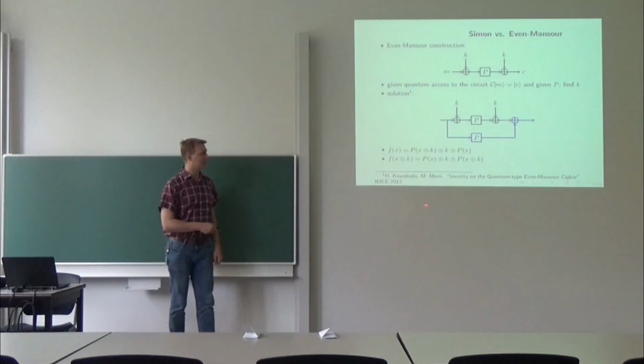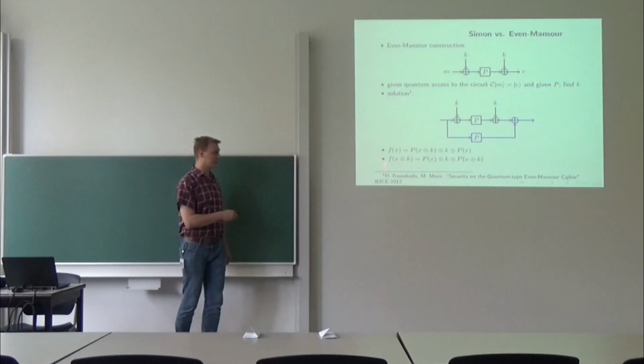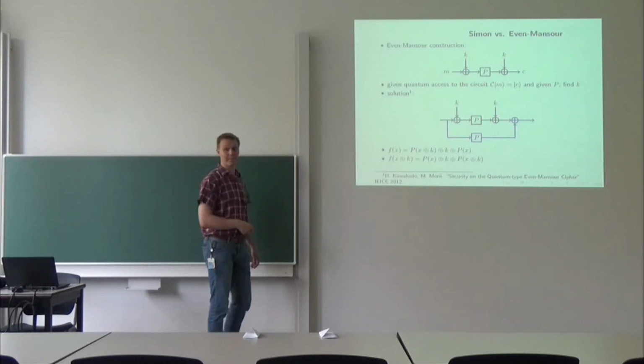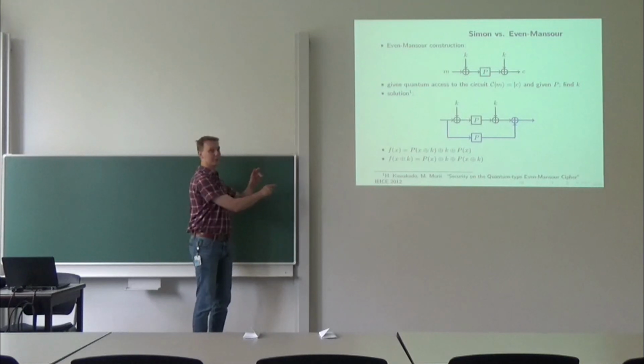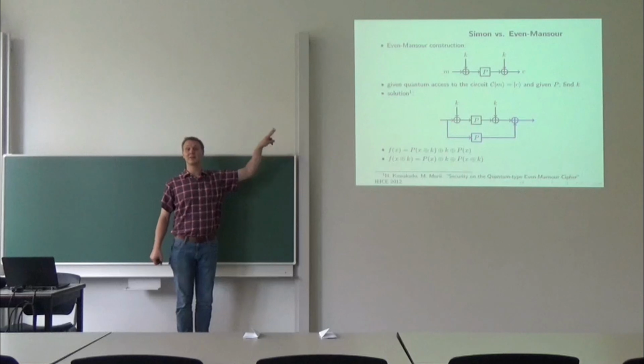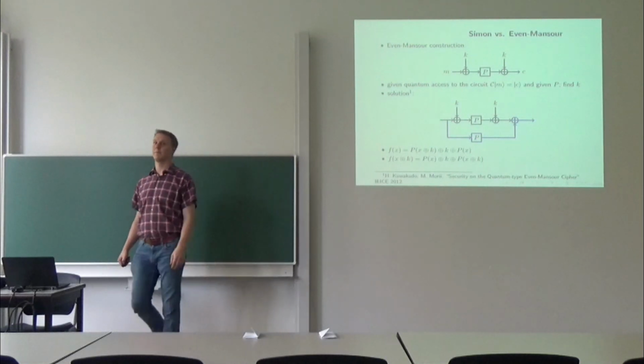And if you look at the function of x plus k, then k is cancelled, permutation of x plus k plus permutation of x plus k. Well, you can rearrange these terms, and you can see that these two values are exactly equal.